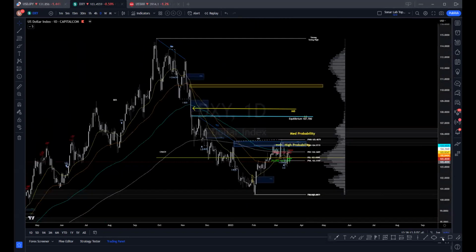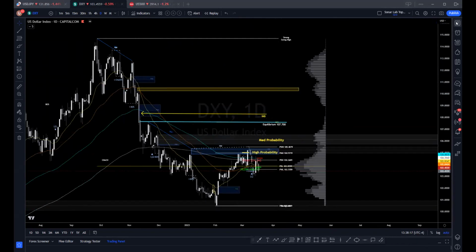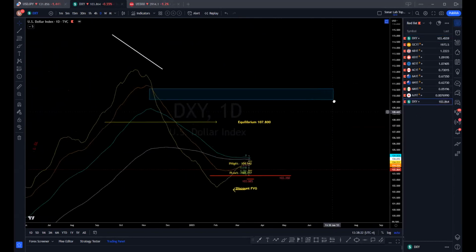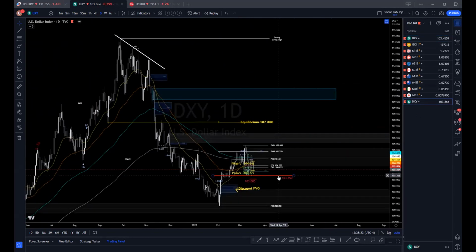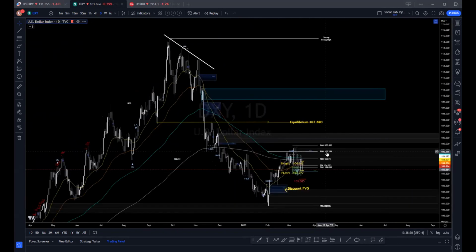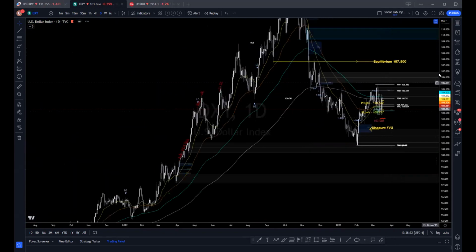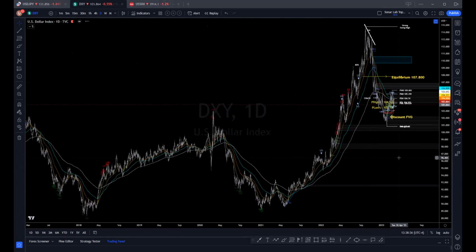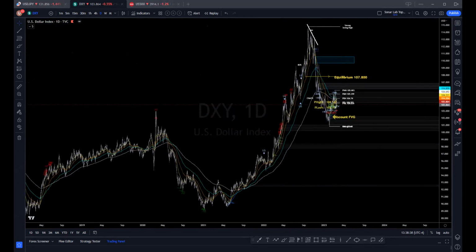Okay, so this is the dollar pair. Here is the daily candlestick outlook for the US dollar, so we're going to start with the US dollar.